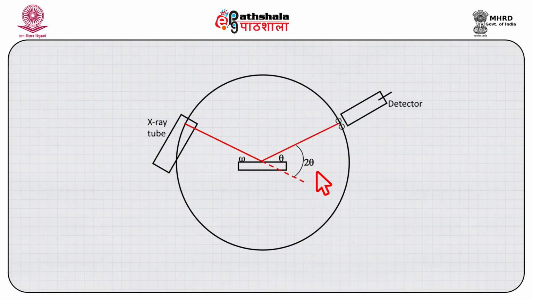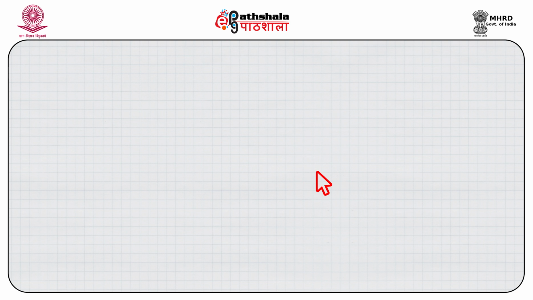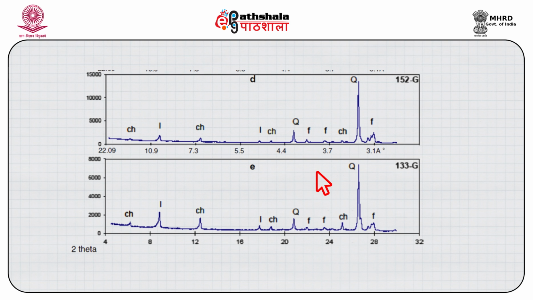We can see this in the case in this graph of powdered clay mineral. You can see that this prominent peak at a particular 2 theta value, which signifies a d-spacing of around 3.56 angstrom, is characteristic peak of quartz.